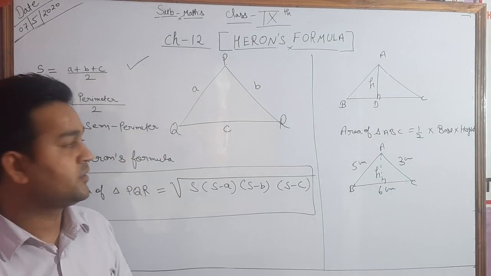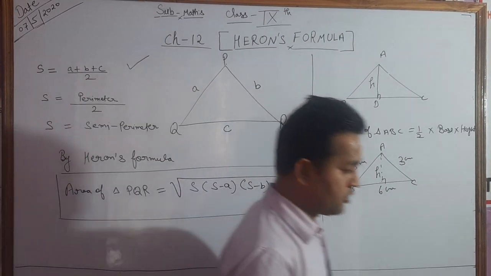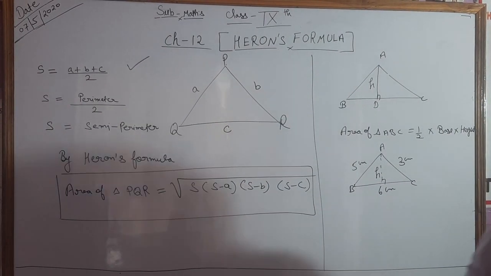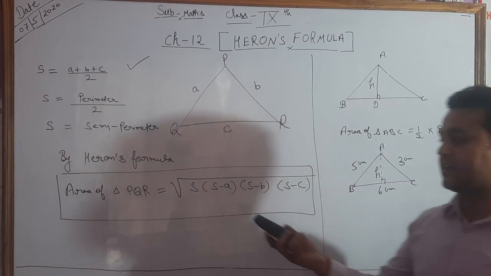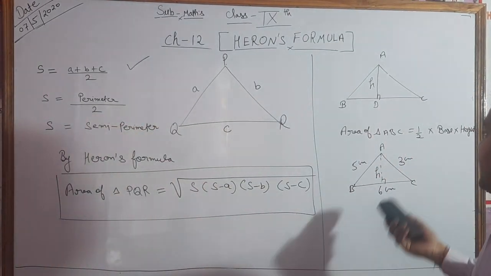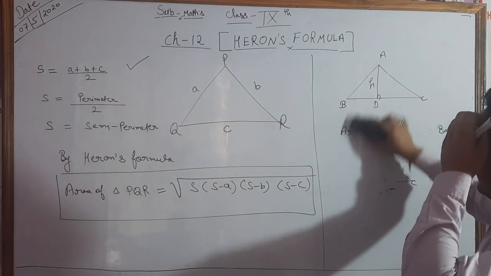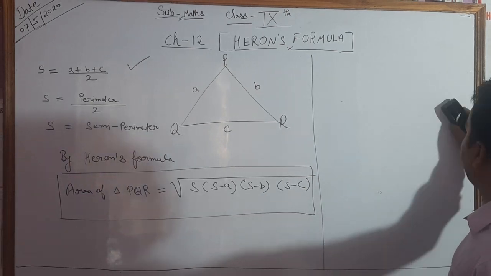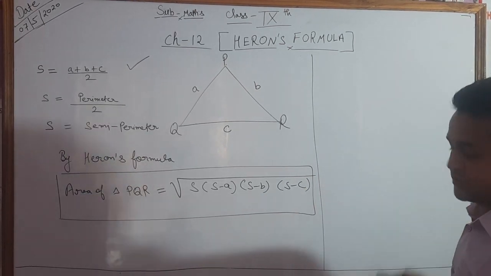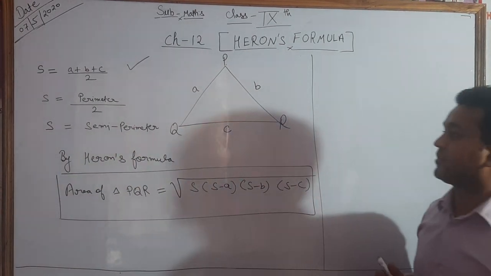Clear or not? Okay. After completing this one, this is the area of a triangle by Heron's formula, and it is a general formula. Now writing some important formulas here which can be used in this chapter.